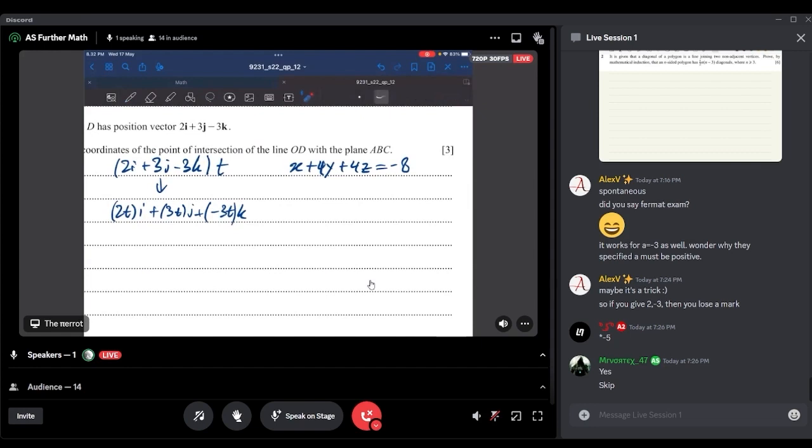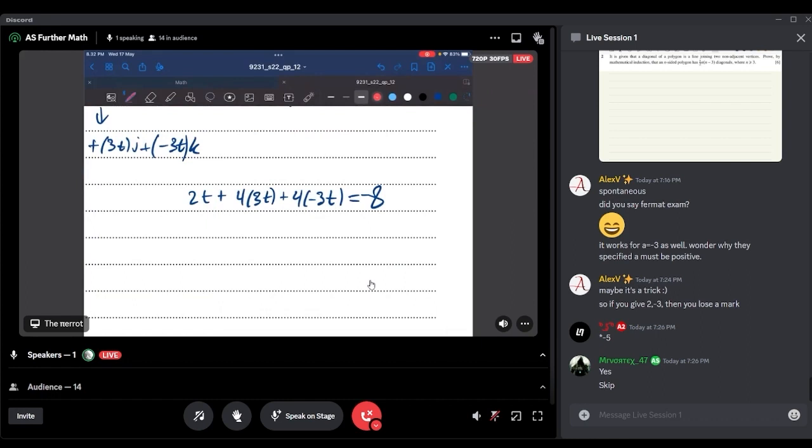The idea is that if we put this here, here, and here, it should satisfy the equation, and we have to find the value of t for that. So let's do it. Now we have 2t plus 4 times 3t plus 4 times minus 3t is equal to minus 8.